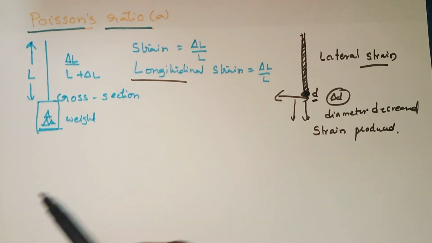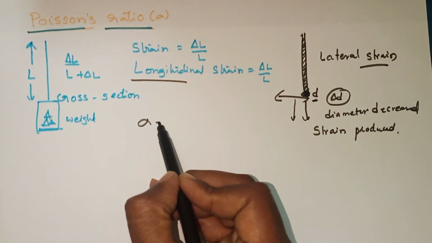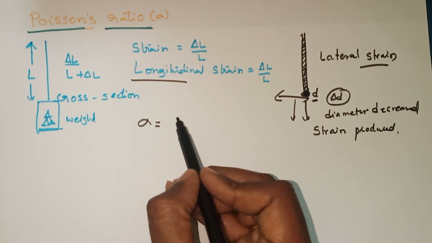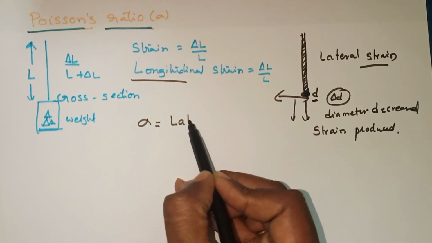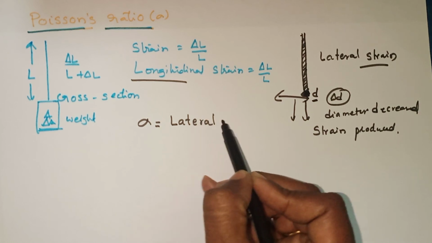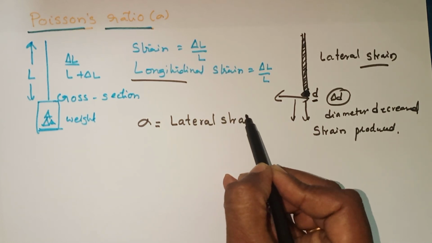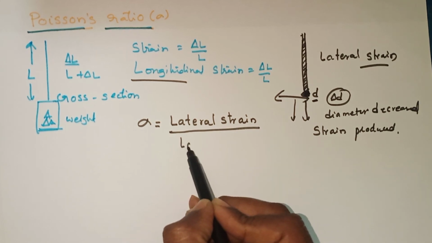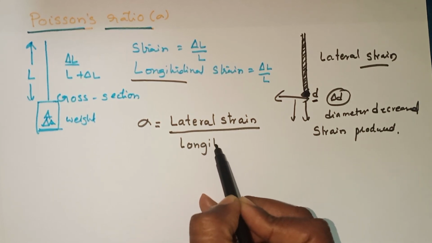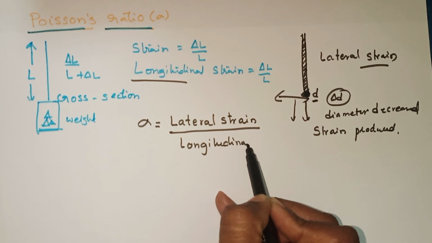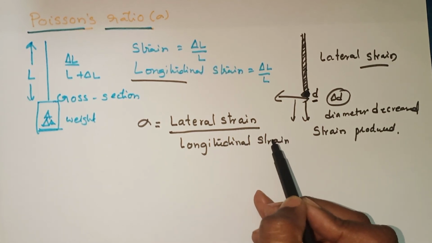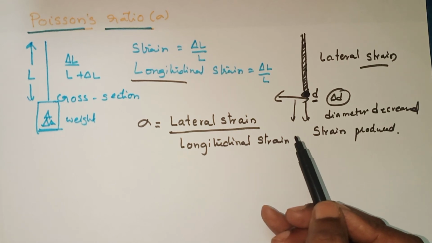Now the Poisson's ratio sigma is equal to the ratio of the lateral strain to the longitudinal strain.